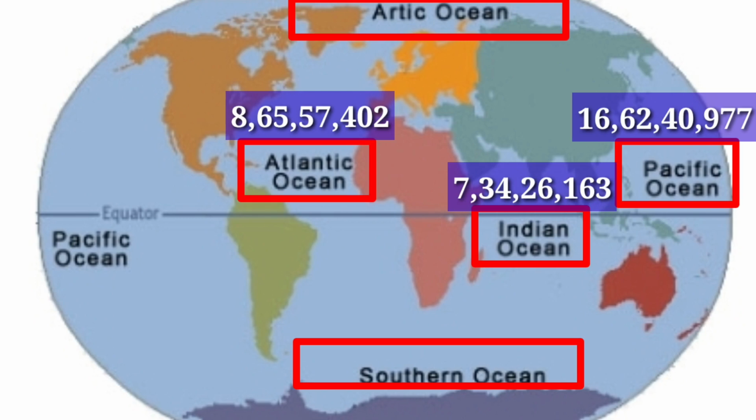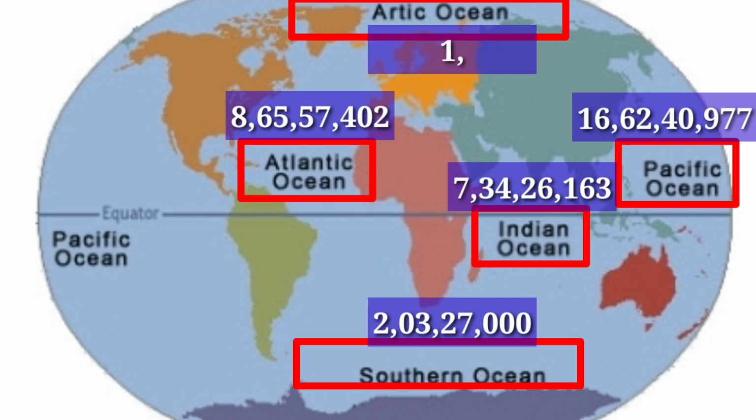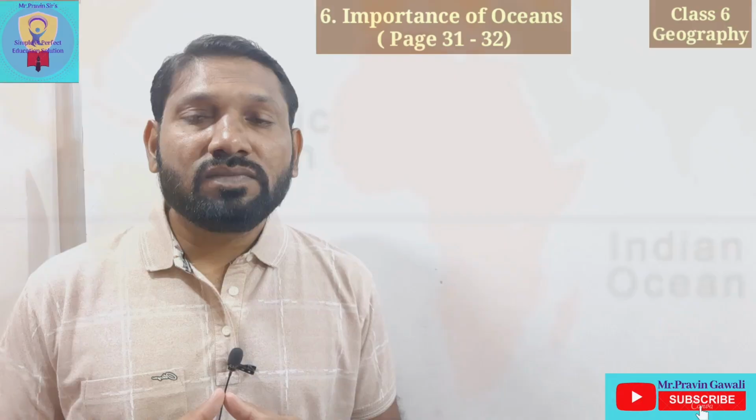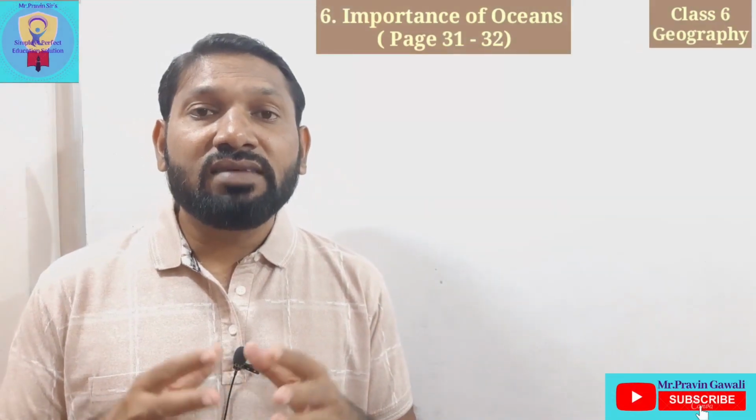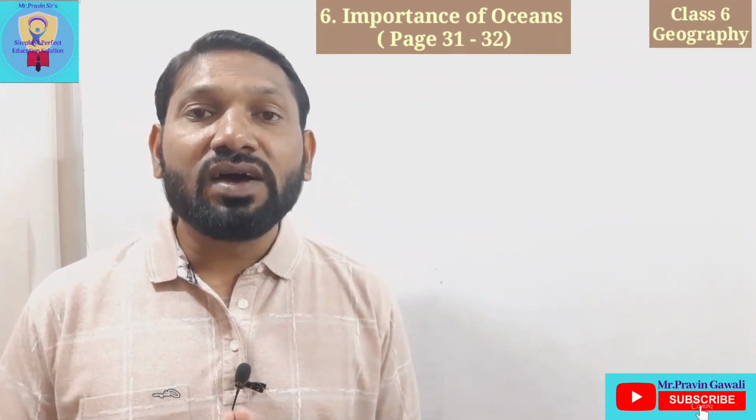The area of Southern Ocean is 2 crore 3 lakh 27,000, and the last one, Arctic Ocean, is 1 crore 32 lakh 24,479. So this much is the area where the water of the ocean is occupied. A large quantity of water occupies the surface of the earth.